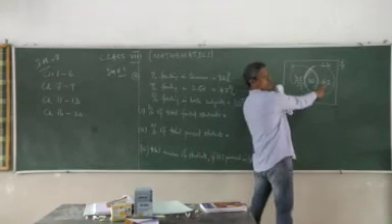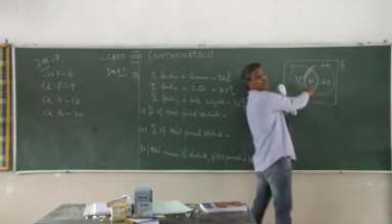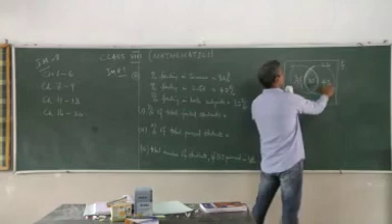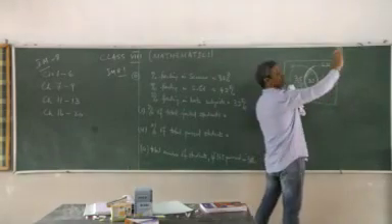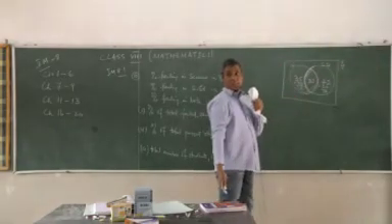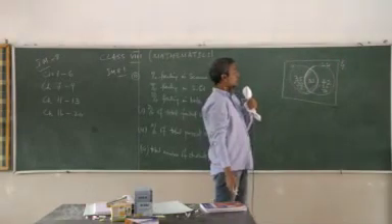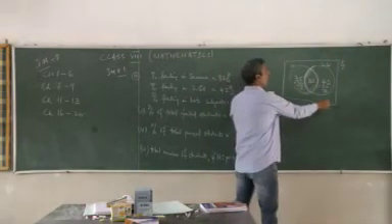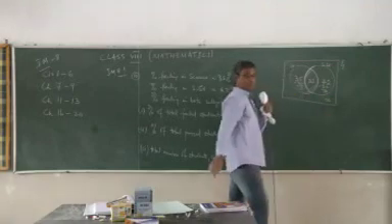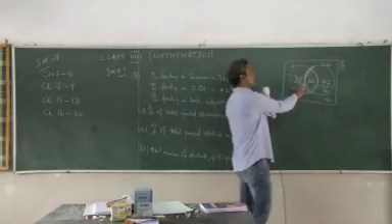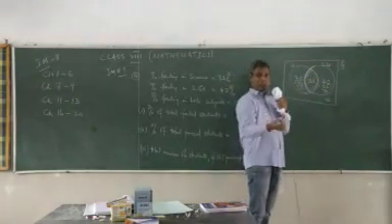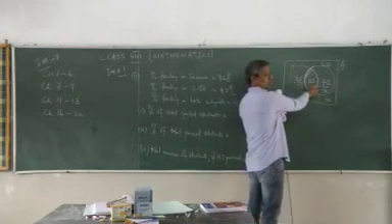Again, out of 42, 32 failed in both. So, 10 students failed only in SST. Is that clear? Now, I don't know how many passed in both subjects. These circles represent those who failed. 32 failed in both.